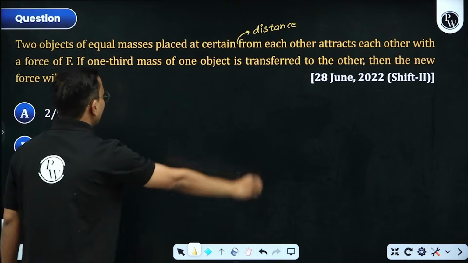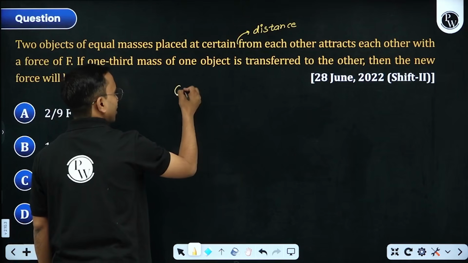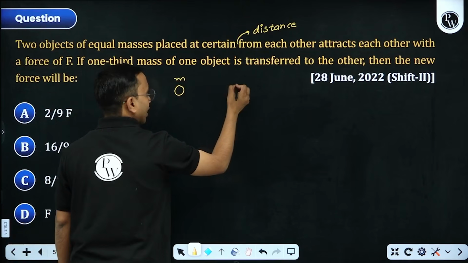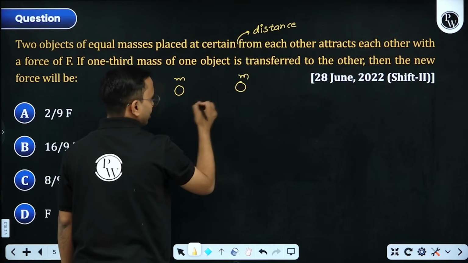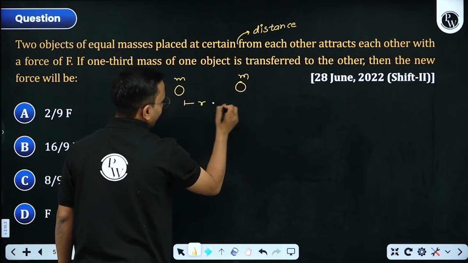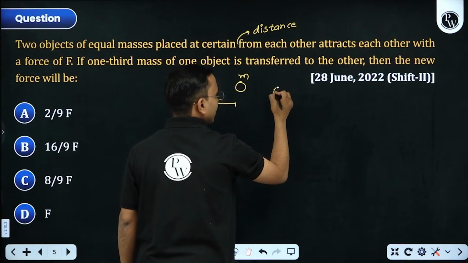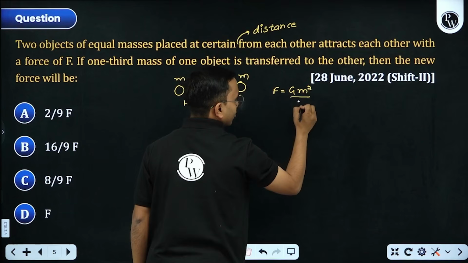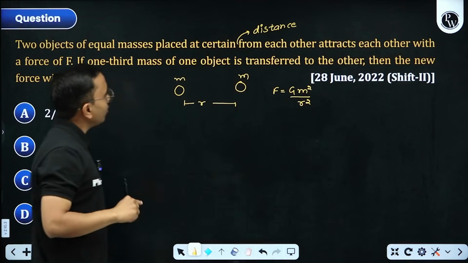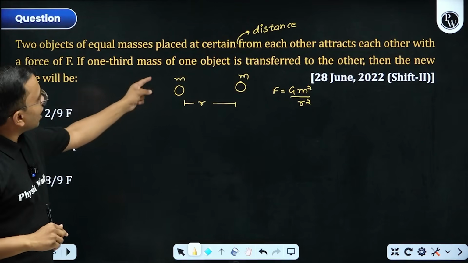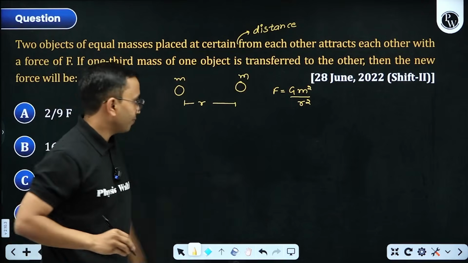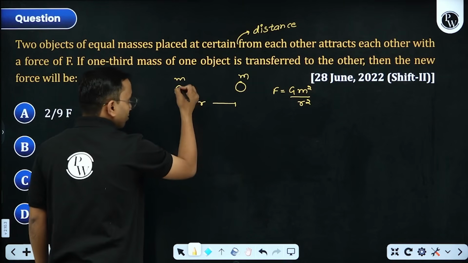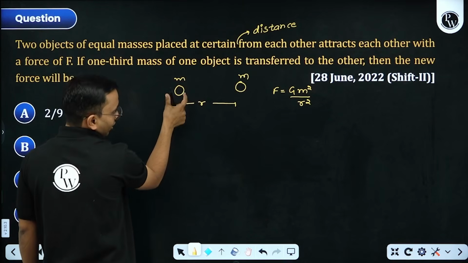Now you can say this is my M, and this was my M. The separation was R. Now what is the force between them? G m1 m2, so G m squared divided by r squared. What is the condition now? 1/3 of the mass of one object is transferred to the other.